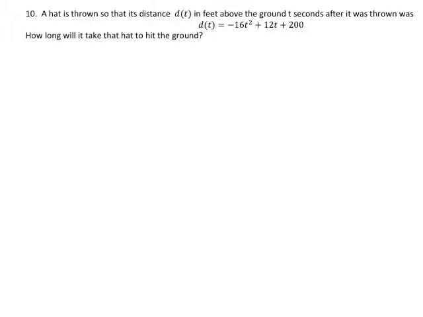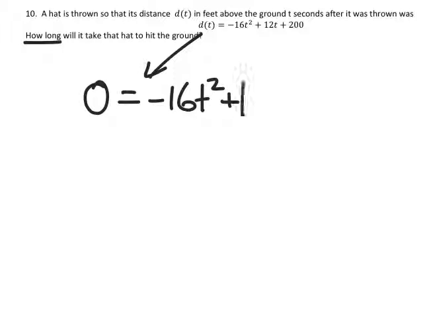Well, that means that we would be replacing d of t with 0. And what we want to do is figure out how long, or the time, it will take to be 0. So we have this negative 16t squared plus 12t plus 200. And you can use whatever method you choose in order to solve this one.